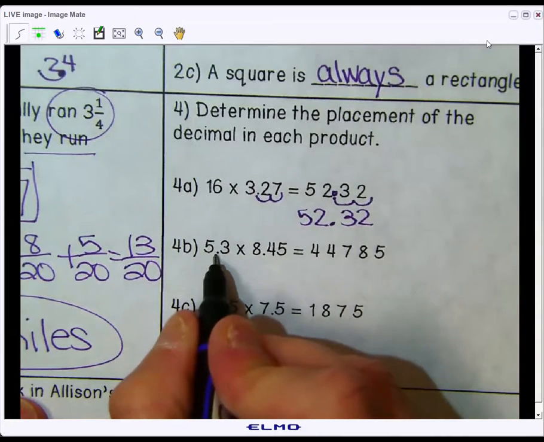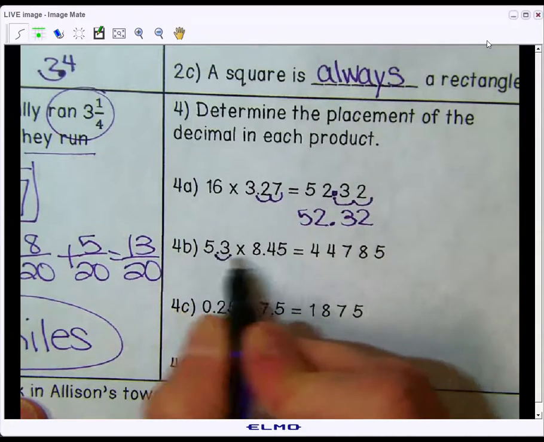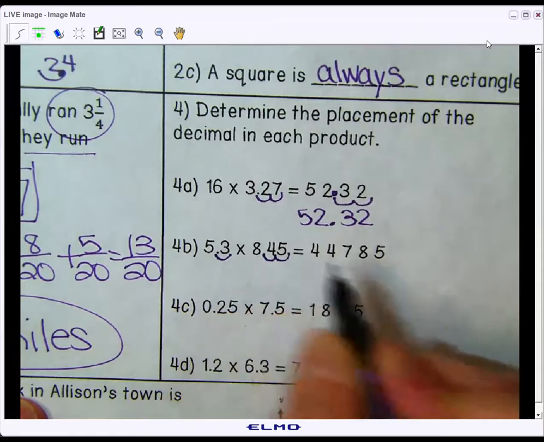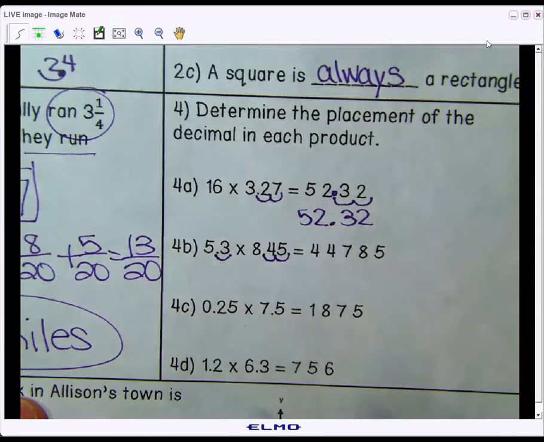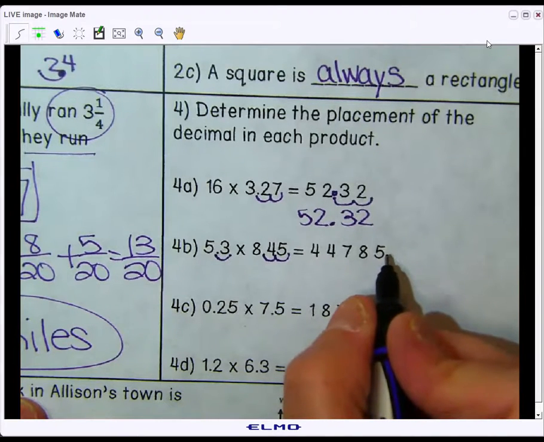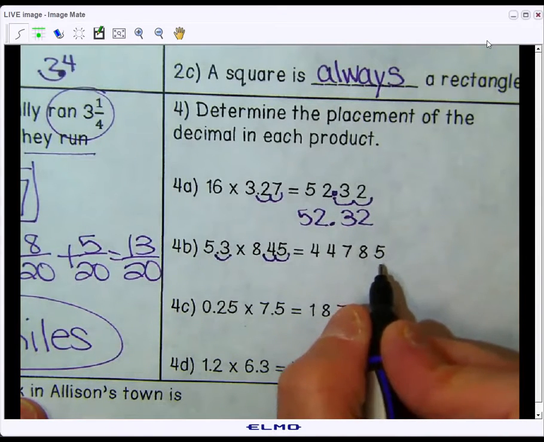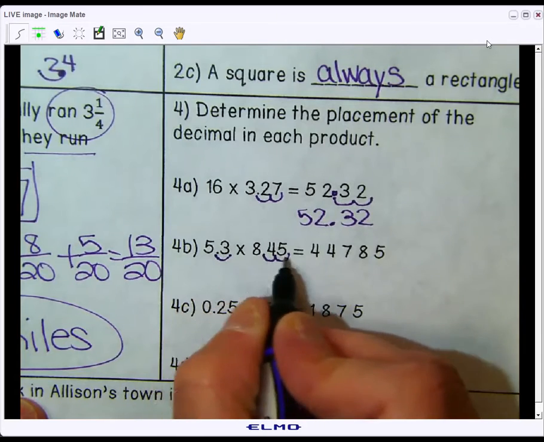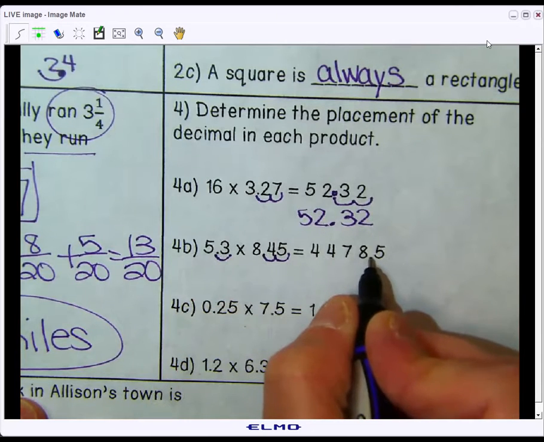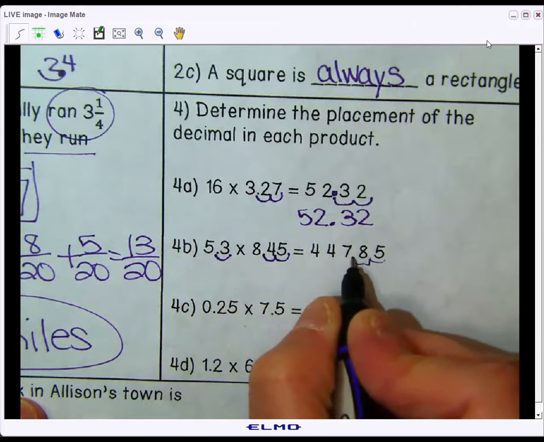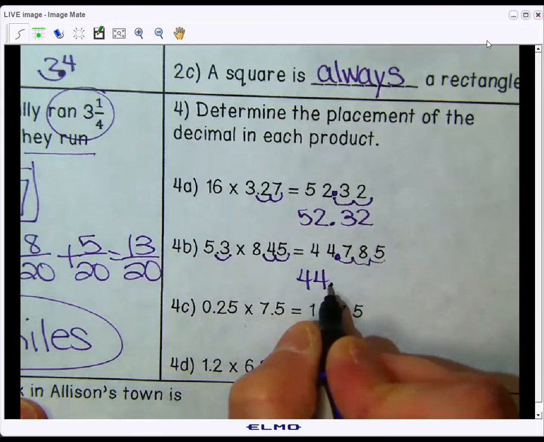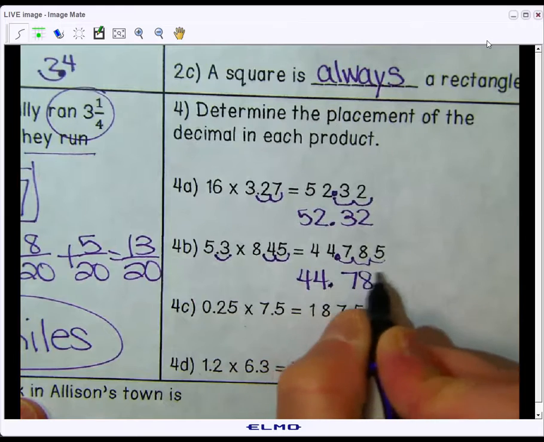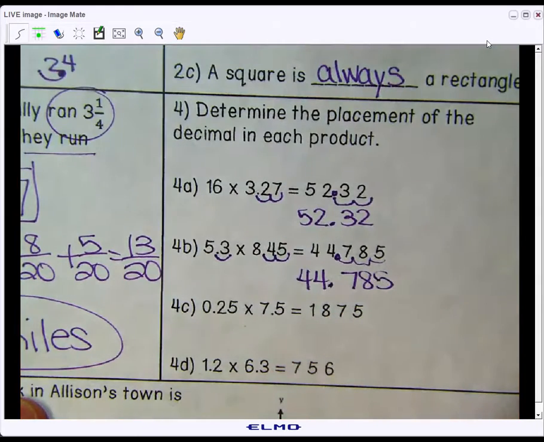Here we have 1, which is a tenth, but here we have hundreds. So if we have tenths times hundreds, that would be thousands. So we know we want to move it 3 places to the left because that's 1, 2, 3. So our value is 44 and 785 thousandths.